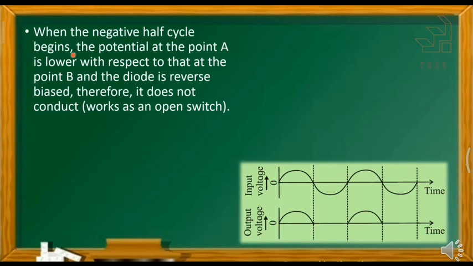When the negative half of the cycle comes, the potential at point A is lower with respect to that of point B and the diode is reverse biased. Therefore, it does not conduct and works as an open switch.